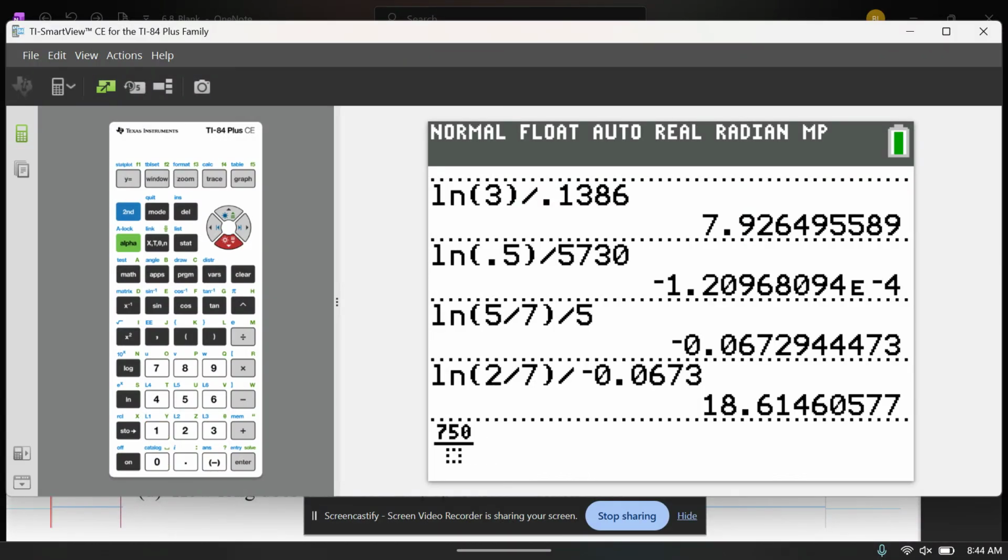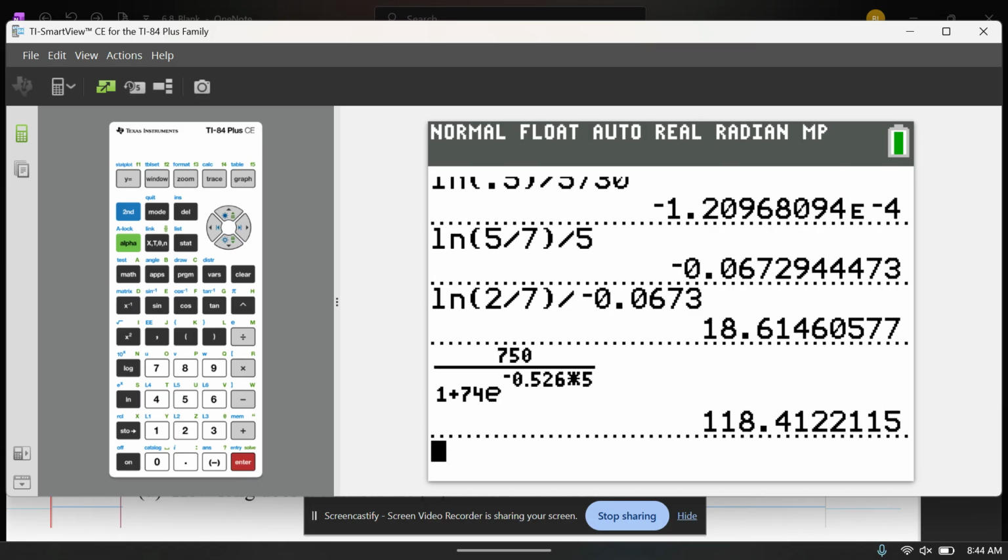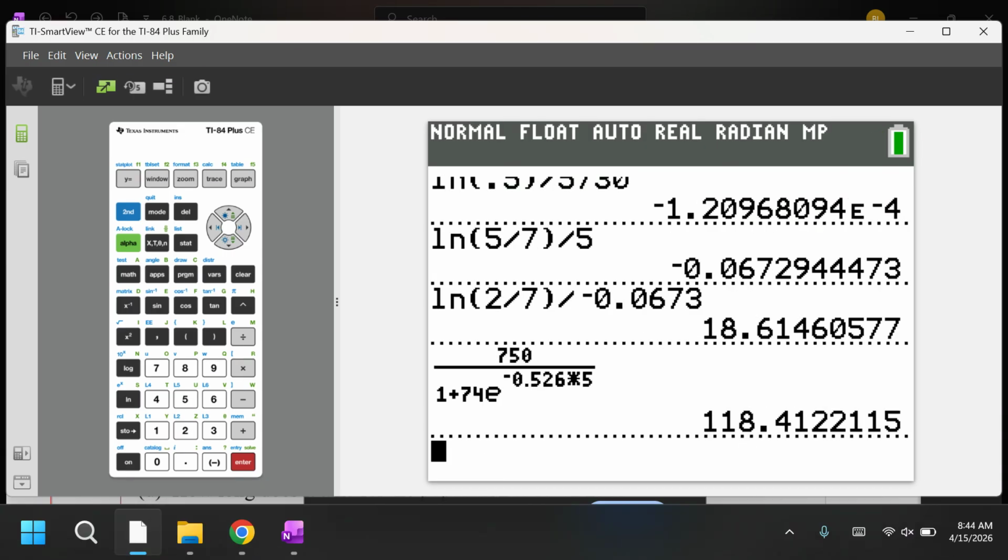On the bottom, I got the 1 plus 74 e to the negative 0.526. Is that right? And then times 5. Just plugging in 5 for T, working that out. 118.41, so 118.4 grams.